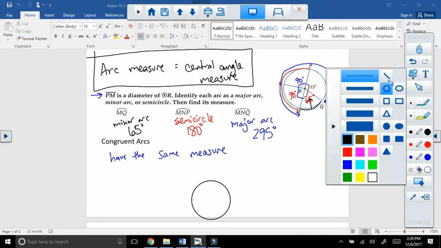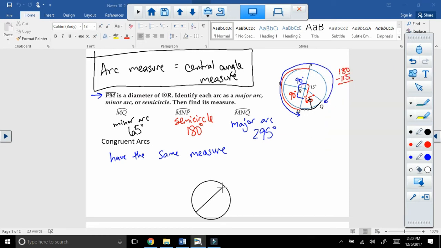Let's say that I have vertical angles. That's supposed to be right through the center. Sorry, it's not quite there. Even if I don't know what these are, these two arcs would be congruent because these two angles are congruent also.